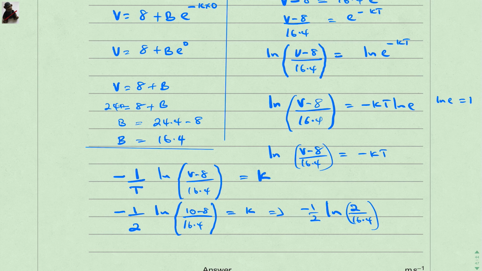So that'll be minus 2.1, and times that by minus 0.5, because a half is 0.5, and the answer will be 1.05. So k will be equal to 1.05. So that's the value of k, 1.05.